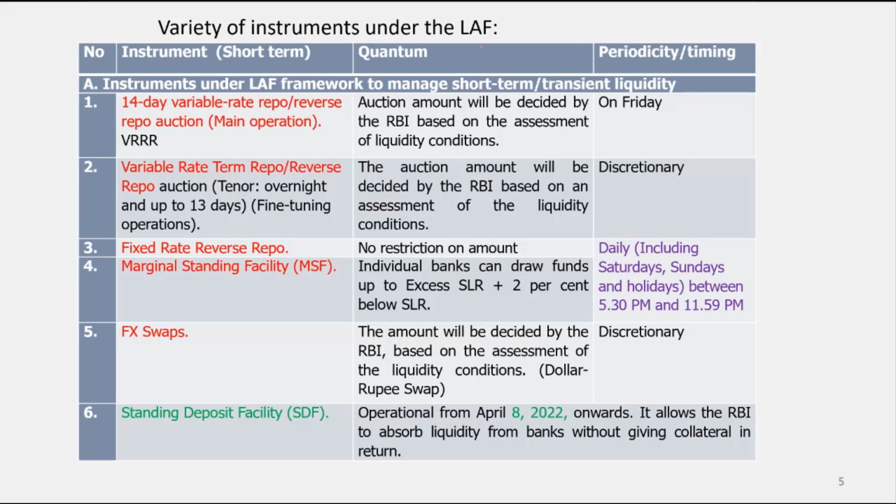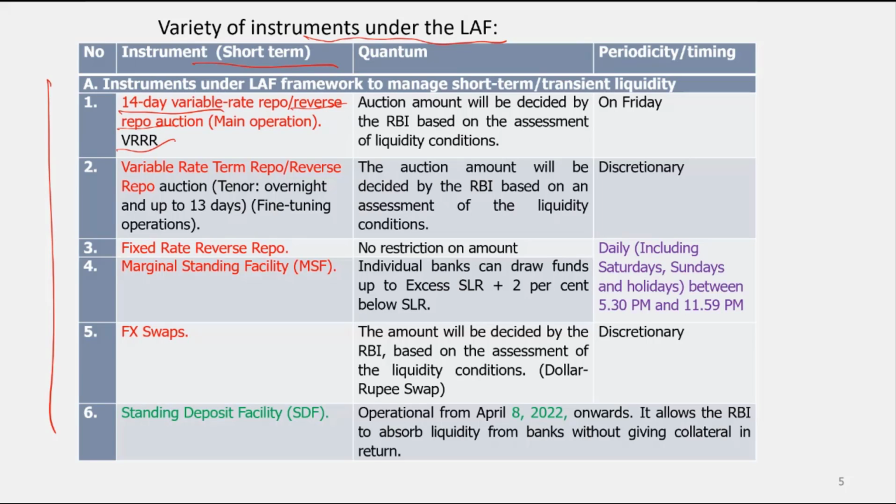Now we are going to examine the various instruments of the RBI's liquidity adjustment facility. The instruments are short-term instruments, not long-term instruments like long-term reverse repo operations. There are 6 short-term instruments, and the most often used one is the 14-day variable rate repo operation, and similarly the variable rate reverse repo operations.